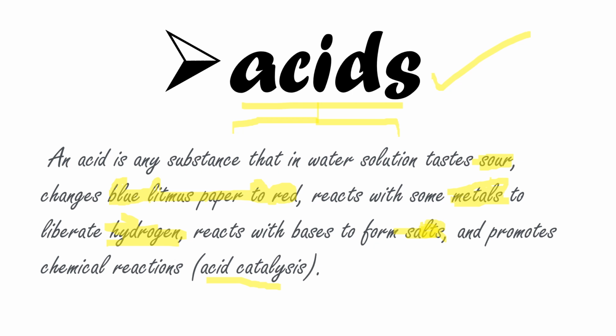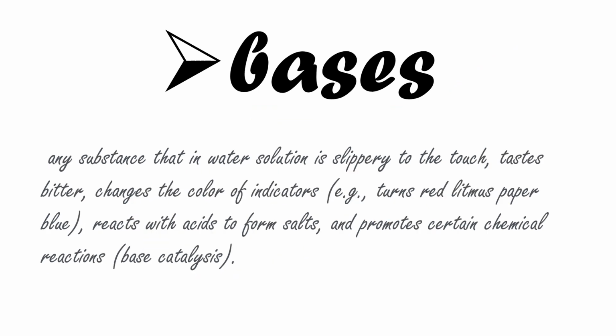Let's talk about the bases. So basically bases are substances that are slippery in nature as well as tasting bitter. It changes red litmus paper into what? Blue. It reacts with acids as well as metal, hydrogen and H2O.